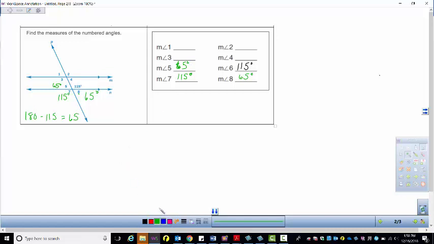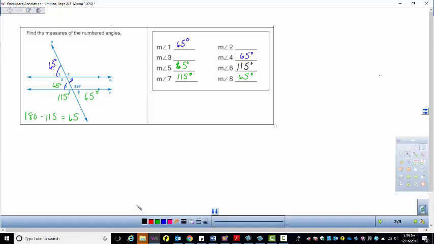Now I have to do something special. Maybe I could use corresponding again. I know angle 1 up here and angle 5 right here have to be equal, so this is 65 degrees because they are corresponding. So 1 is 65, that means 4 is also 65 because they are vertical.